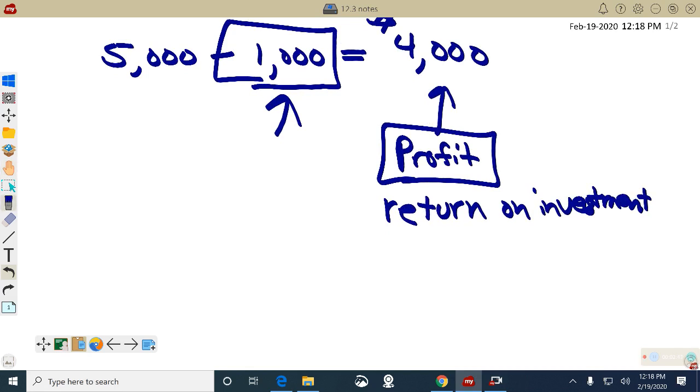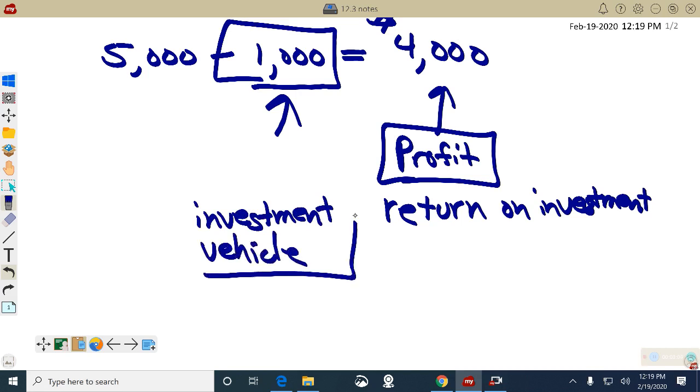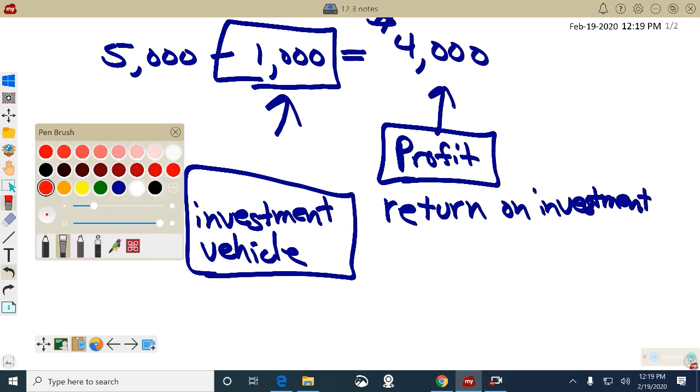There's different ways to get a return on investment with your money. There's what millionaires call investment vehicles. Investment vehicles. Now, when you hear the word vehicle, you guys typically think of a car. You hop in a car or a bus or some type of van, and it takes you from point A to point B. But an investment vehicle, when we're talking the way wealthy people talk, what they're talking about is this.